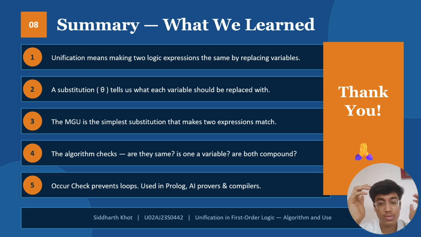The MGU is the simplest substitution that makes two expressions match. The algorithm checks: are they the same, is one a variable, are both compound. The occur check prevents loops. Used in Prolog, AI provers and compilers.